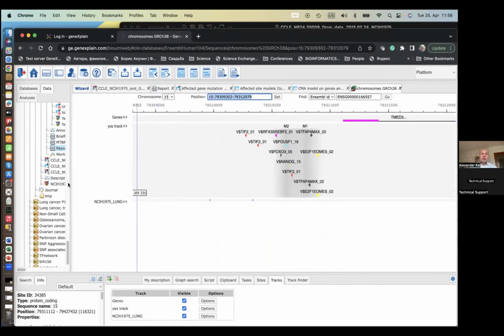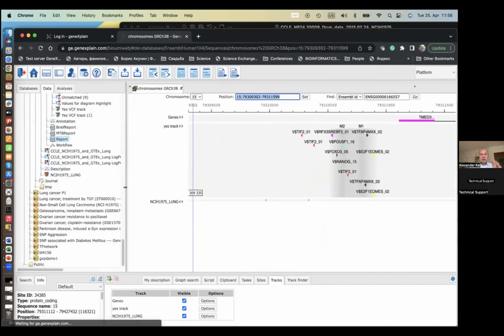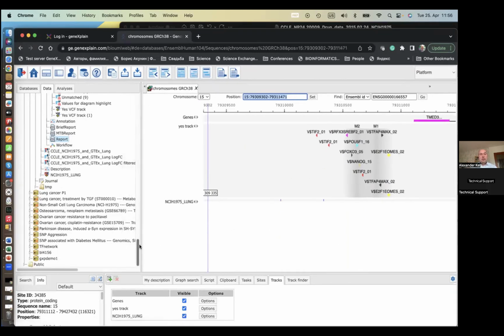Okay, so that's just a little grasp of the information you can get from such analysis. You can explore your tables and see which genes are upregulated. You can go here into the genome browser and see in which cases those mutations are located in the region, or in which cases binding sites may be affected by those mutations, so they are co-located with the binding sites.